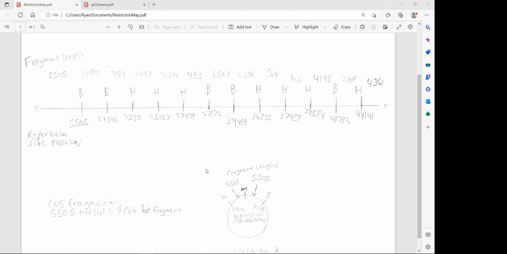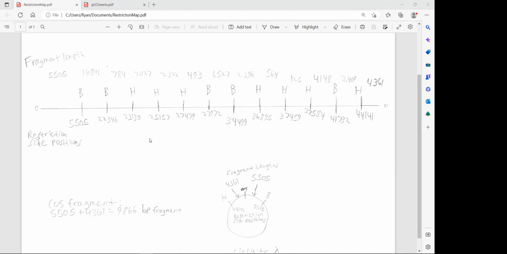Okay. So for example, I will say B and then I make a big linear line. Then I'll say 16,841 and then B again, and then I'll say B and then 9,866 base pair, and then I'll say H. Yes, that should be right.